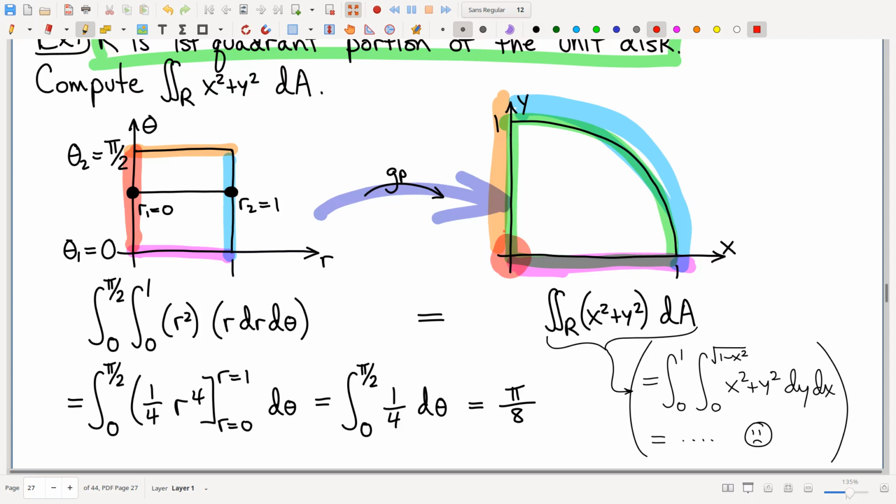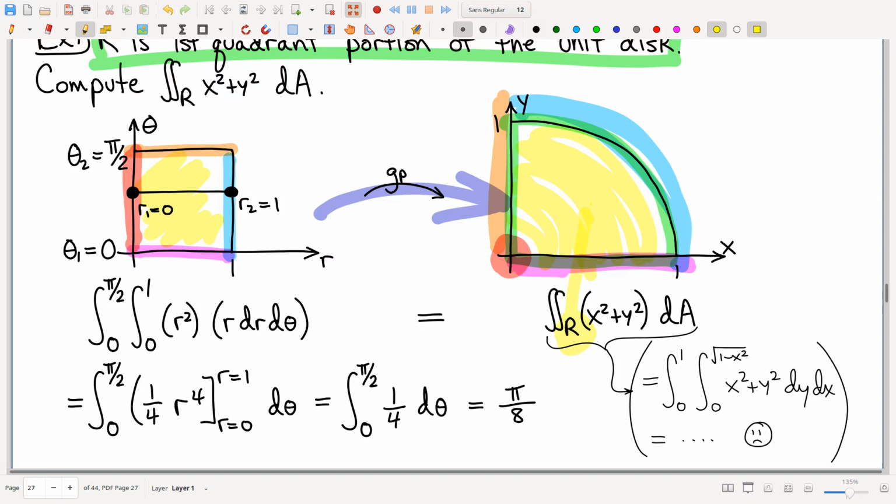So all of those edges go to what I've drawn over here, and therefore the image of this rectangle is this disk, namely our domain for our original integral. Is everybody happy?